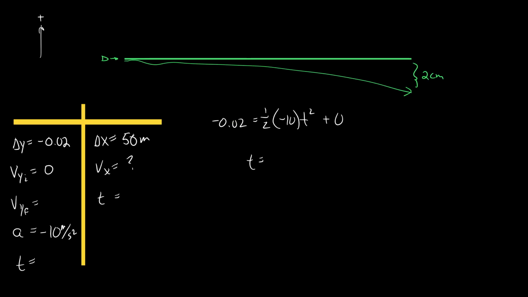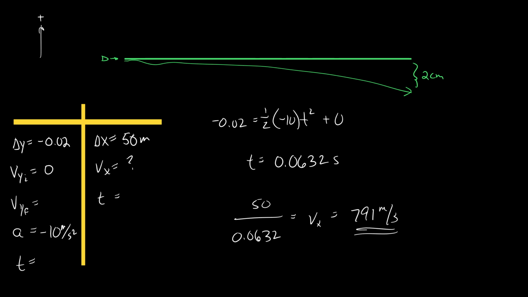Still, it's in the air for 0.0632 seconds and has to travel 50 meters in 0.0632 seconds, so Vx is going to be this divided by 50. Convert it, 791 meters per second.